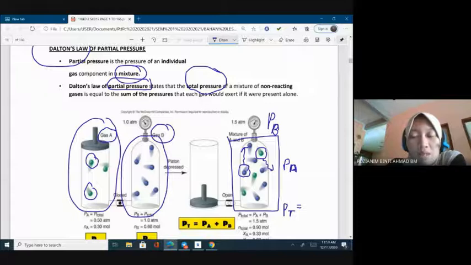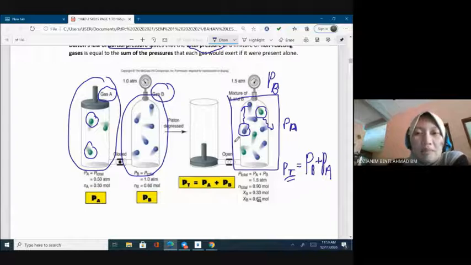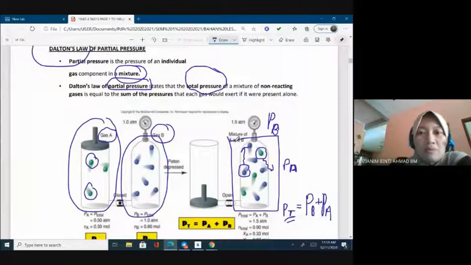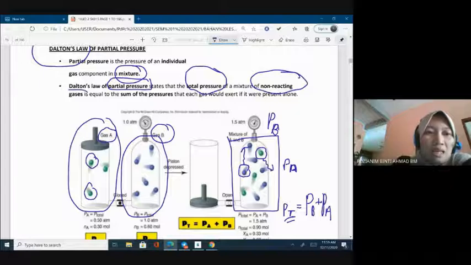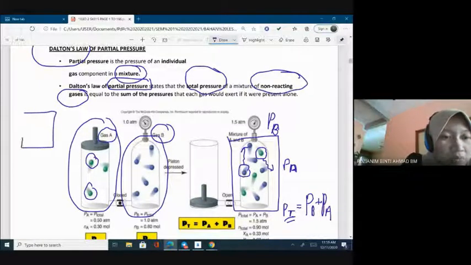So if they share a container, we calculate the total pressure by adding the partial pressure of B plus the partial pressure of A. This is why the keyword for these gases is that they must be non-reacting together. For example, if I have a container with hydrogen gas, and I also have oxygen gas.